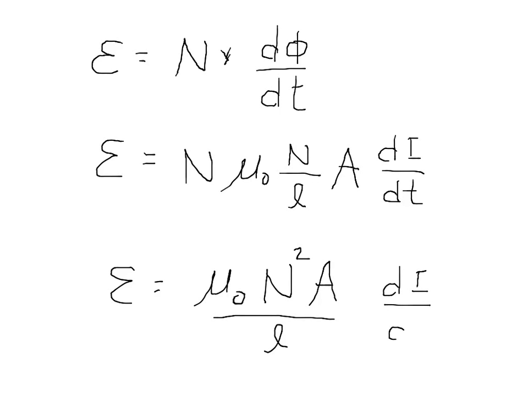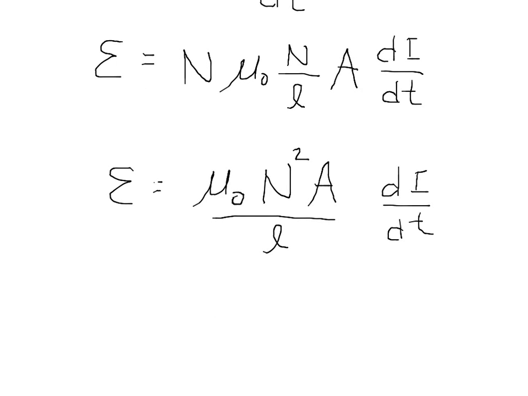I'll show you why I'm keeping this separate. What I want to point out is that all of this stuff here is just the physical parameters, the measurements that make one solenoid different from another. It's the number of turns, it's the cross-sectional area of the circle, it's how long it is.